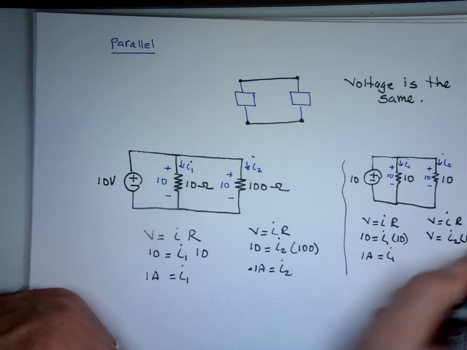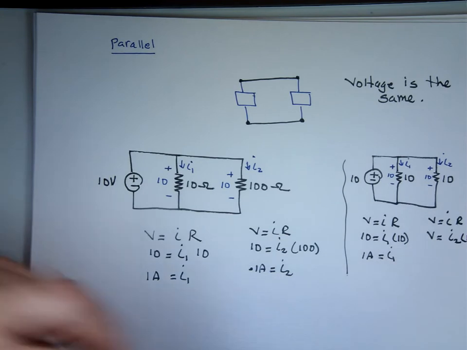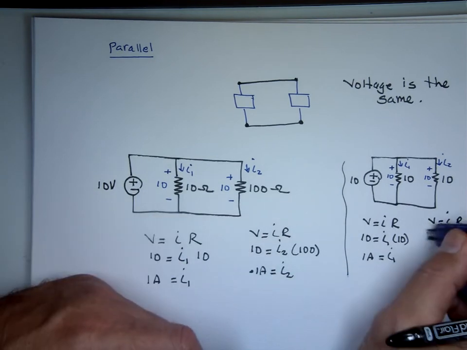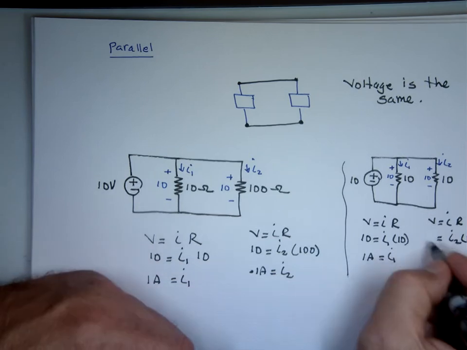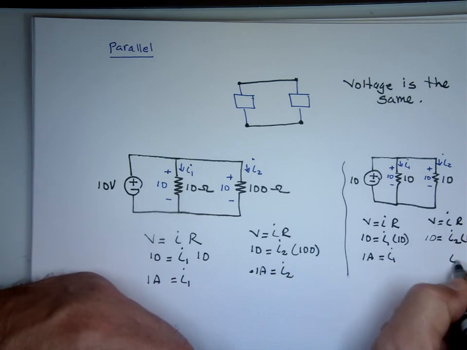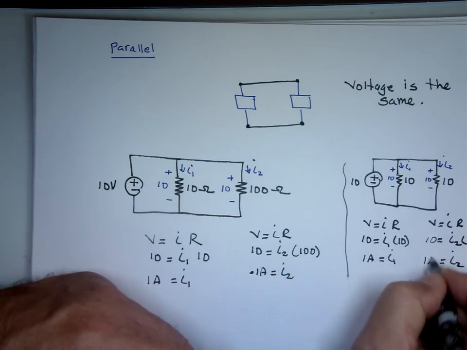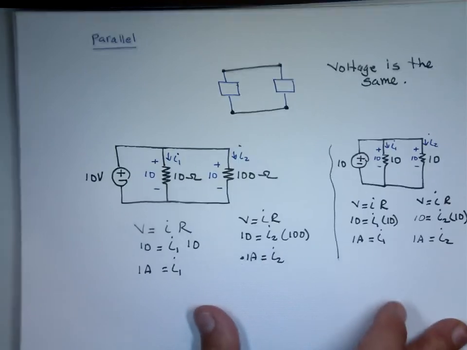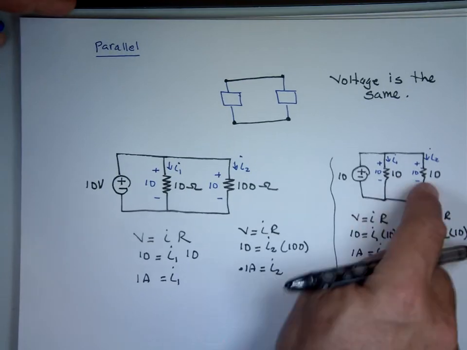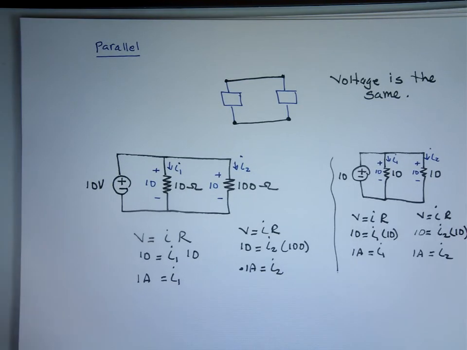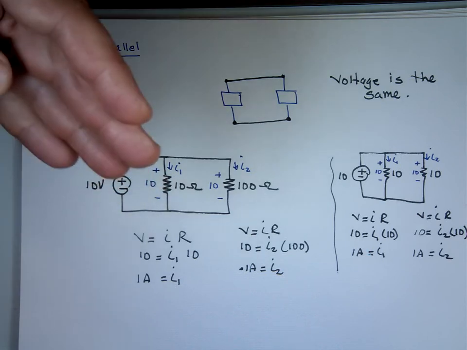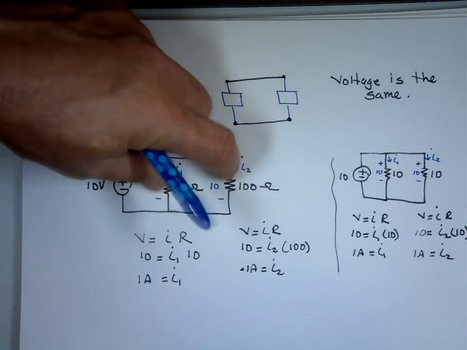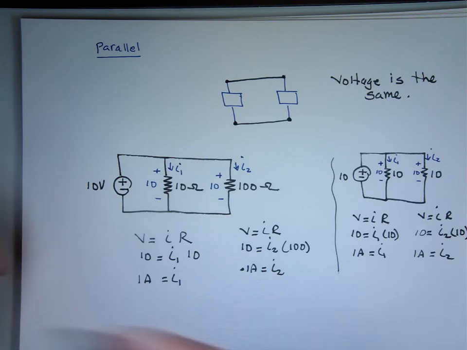V is 10. What's I sub 2 equal to? 1 amp. So notice they are in this case equal. The current is the same. So when they're in parallel, the current could be the same, but the only time the current will be the same is when the resistors are the same. But we should know that when they're connected in parallel, the voltage is always the same. This is always true.